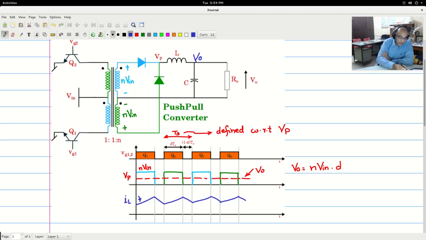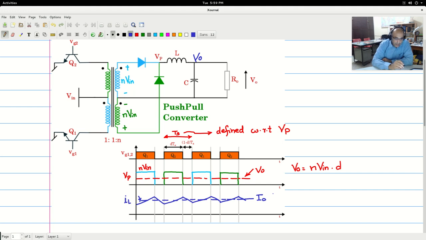So this is how the inductor current will look like, and the average of that is I naught. So all these are just like the buck converter, because the output portion of the circuit is exactly like the buck converter.